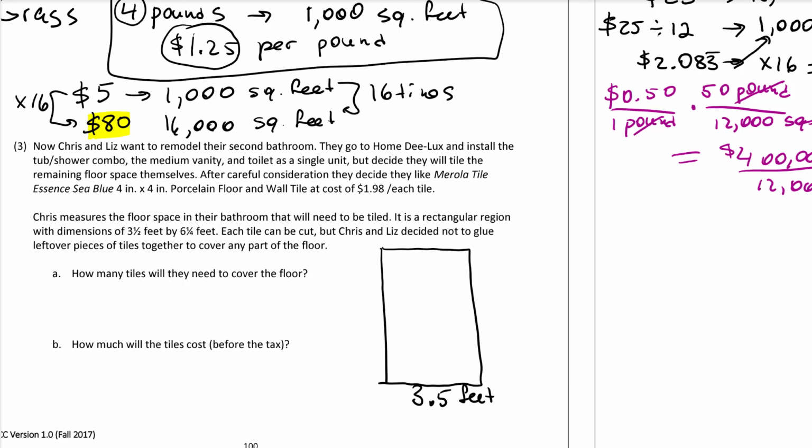And 6 1/4 feet, I guess the length. Whatever you call length or width, these are the dimensions. Notice a quarter is 0.25. So we're putting small tiles inside like this. This way, this way, this way.